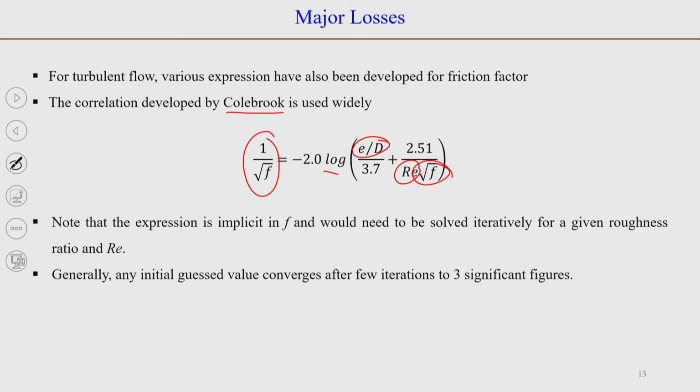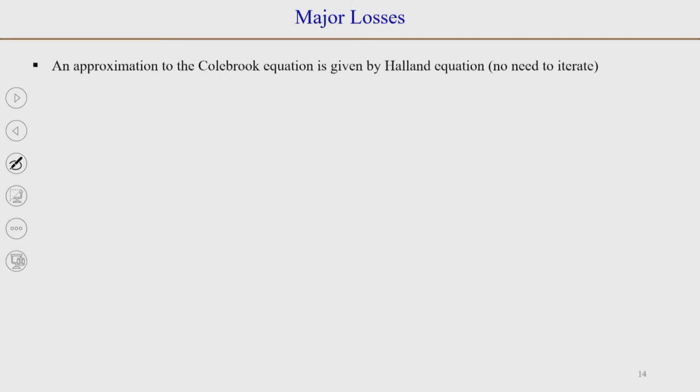It has been shown that in any case you reach a fairly accurate value, up to 3 places of decimal, within a few iterations. And as a guide you could use f is equal to 0.1 as an initial guess, which can help you in converging faster.